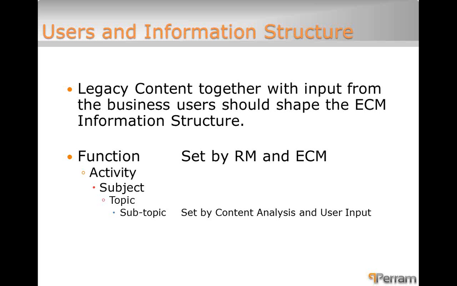The analysis here is just a simple functional classification kind of layout, where the top couple of levels might be set by the enterprise content management deployment in conversation with records management. The bottom, though, is really what we're concerned with when we're talking usability, because of course it's going to be HR staffing, that's fine, everybody understands that. But we want to make sure that we really figure out levels 3, 4, and 5 of the structure to make sure that it relates to the business users.